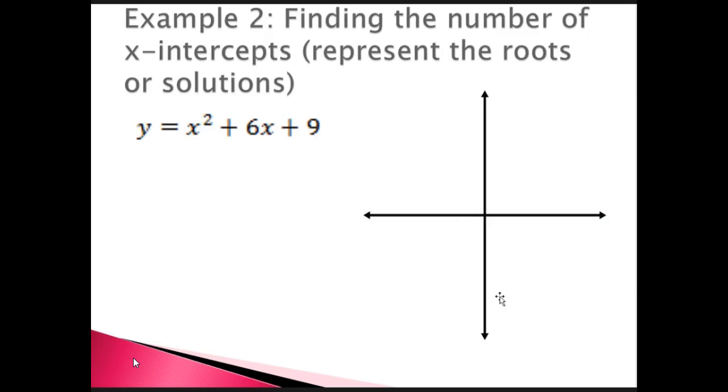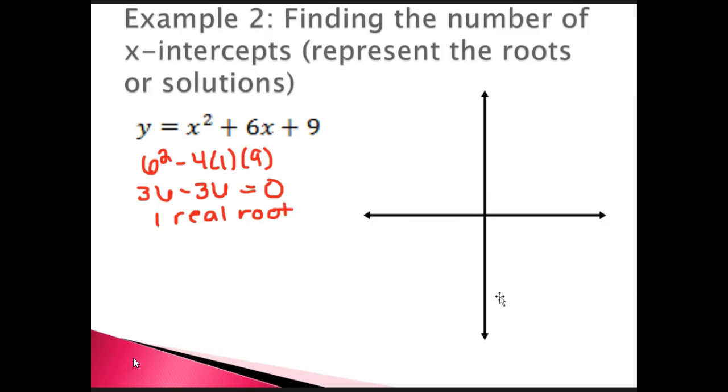Okay, discriminant. You get 36 minus 36, which is 0. So that tells me I have 1 real root at the vertex. So that's why finding our vertex is so helpful.